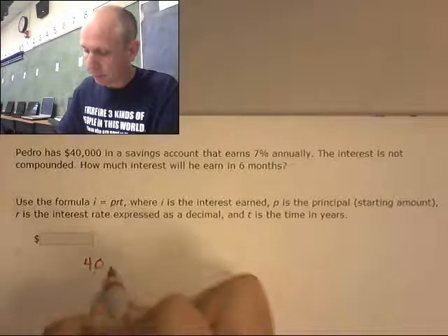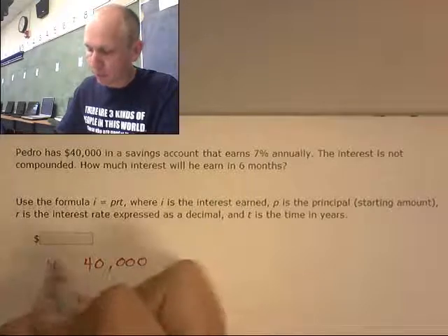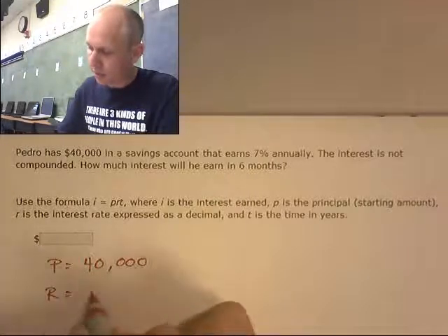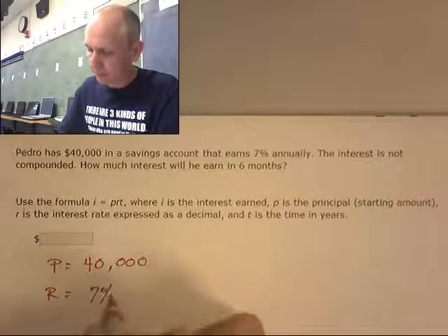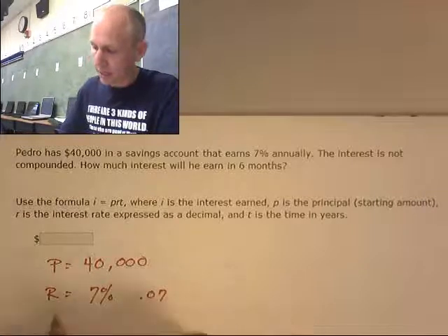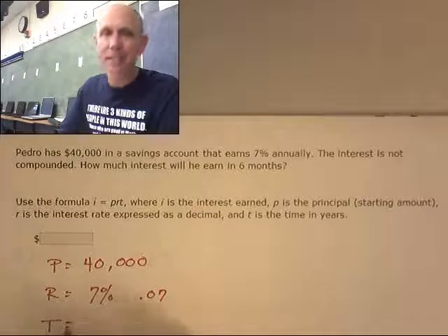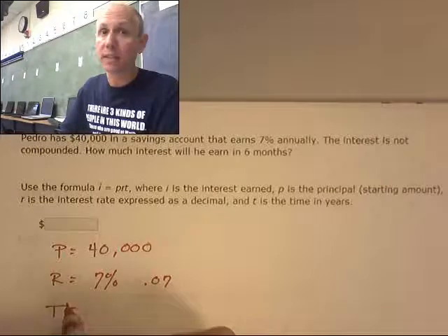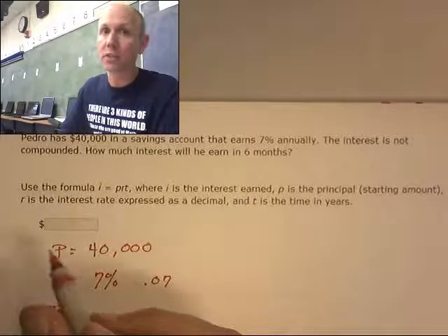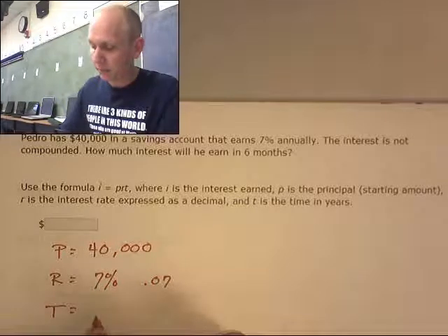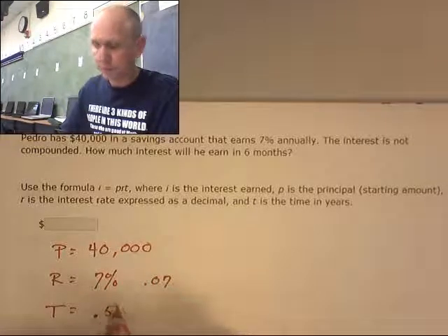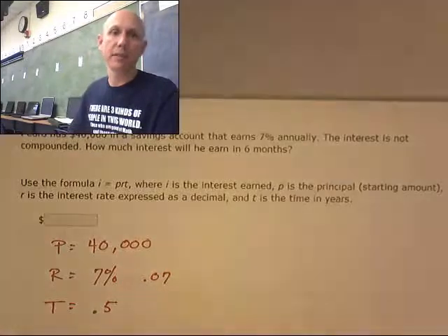Let's see. $40,000, that's my principal. My rate is 7%. And my time is 6 months. But I can't do months. I can do years. 6 months, how many years is that? That's half a year. Half of a year.